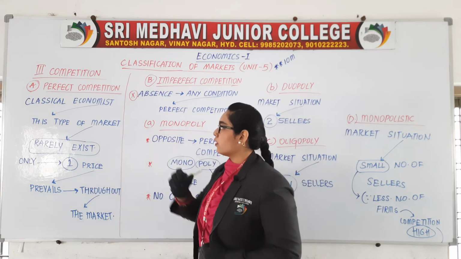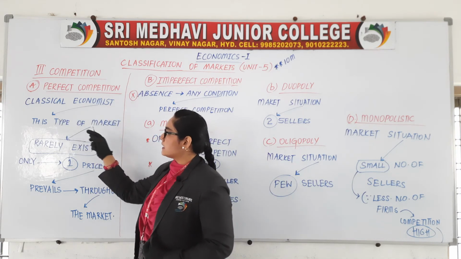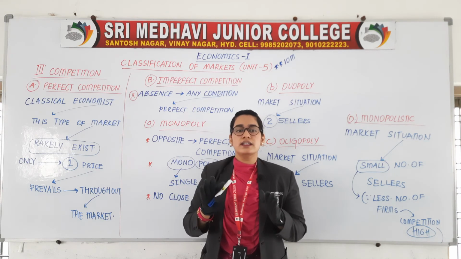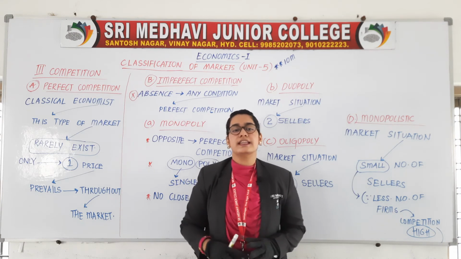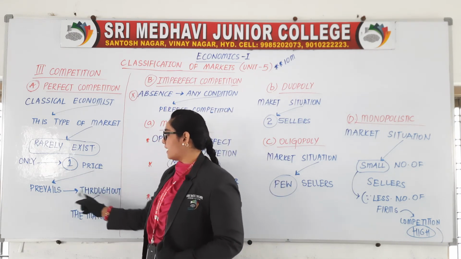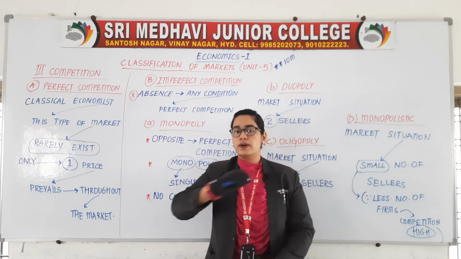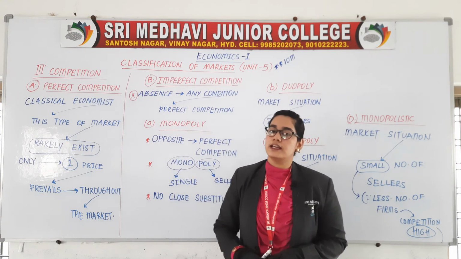So what is perfect competition? According to classical economists, this type of market rarely exists. It does not exist many times. It is very rare. Then only one price will prevail throughout the market. Wherever you go, you will find the same price for the commodity.